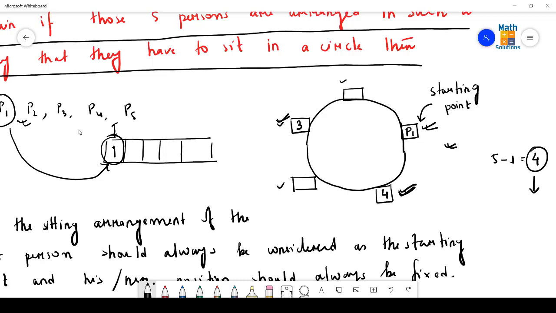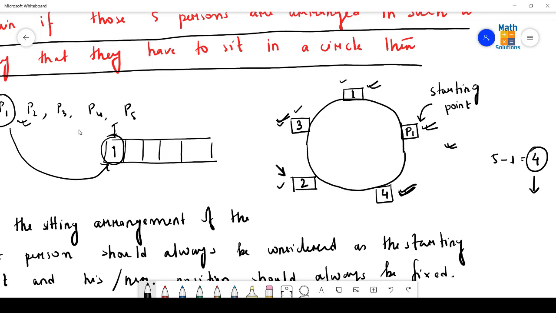Any one of these 3 persons can sit in this place. Therefore there are 3 possible ways of filling up this position. Similarly, for filling up the next position, there are 2 persons left. Similarly, only 1 person is left for filling up the last position.